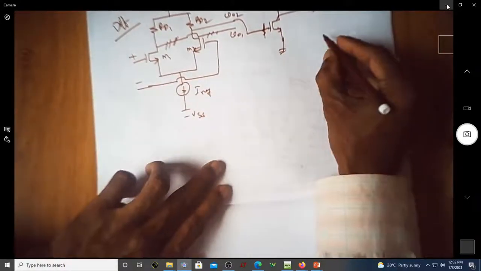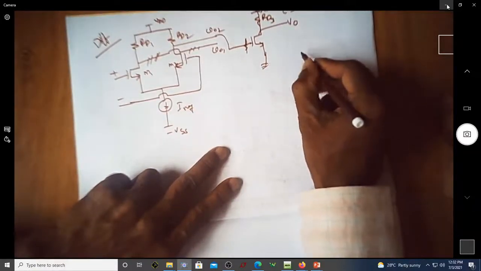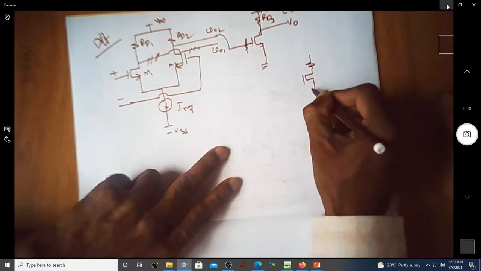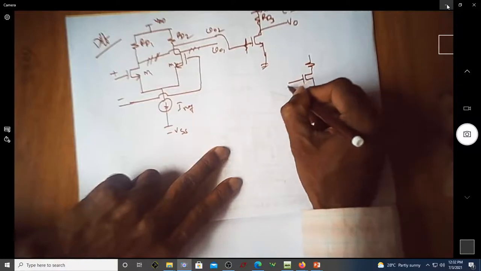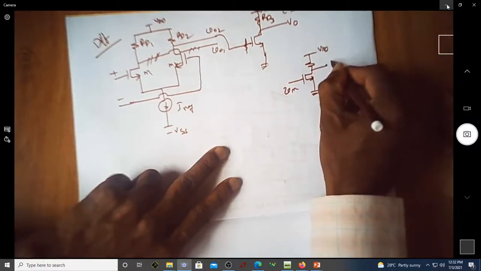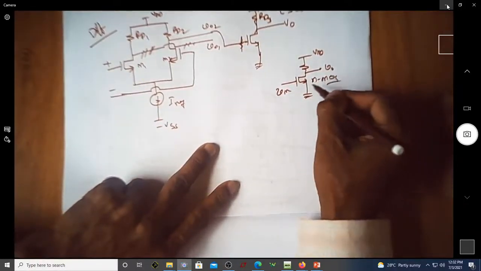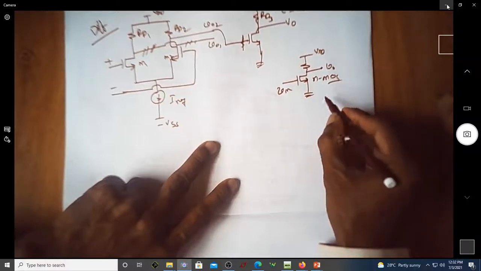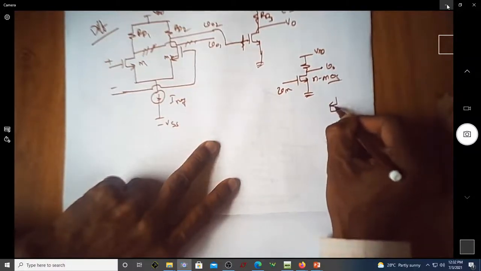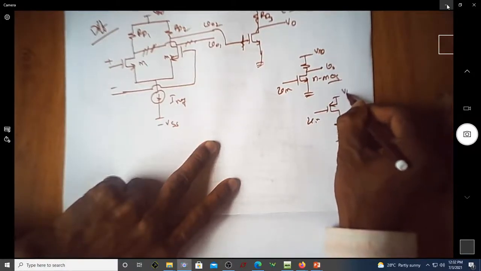So we know that a CS amplifier can be realized, even a resistive load CS amplifier. If I write this as Vin, this as VDD, and this as the output voltage, I can use an NMOS transistor as my active transistor, or I can use a PMOS transistor for realizing the CS amplifier.